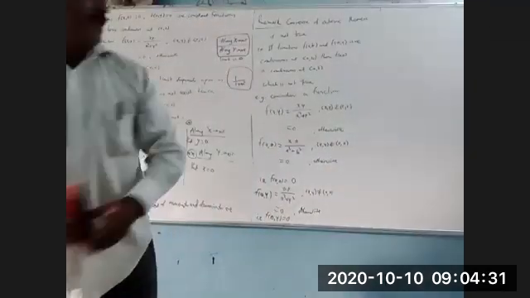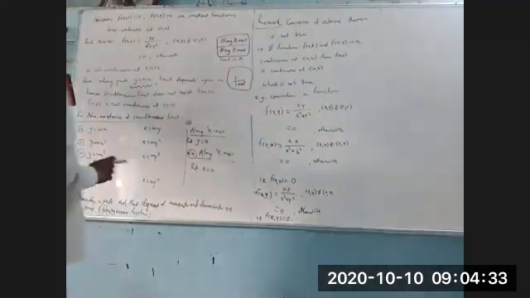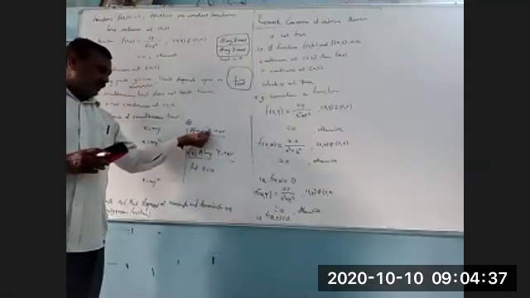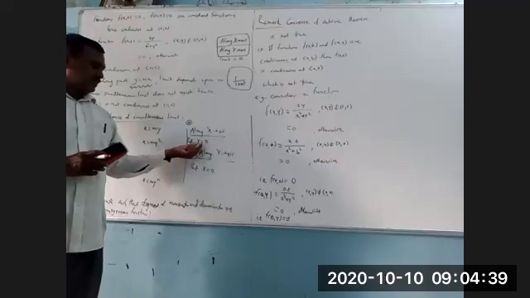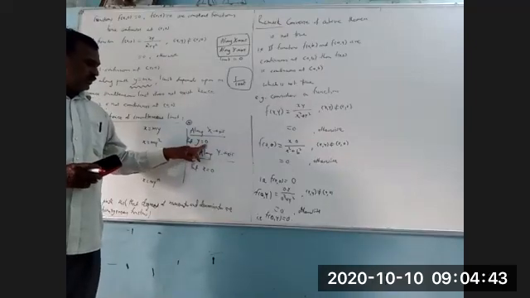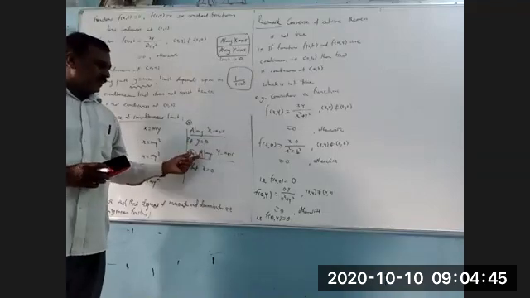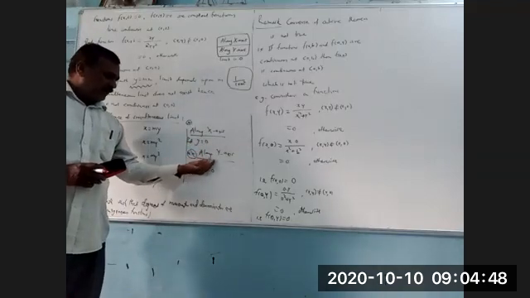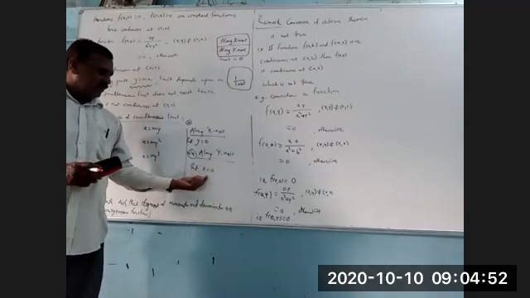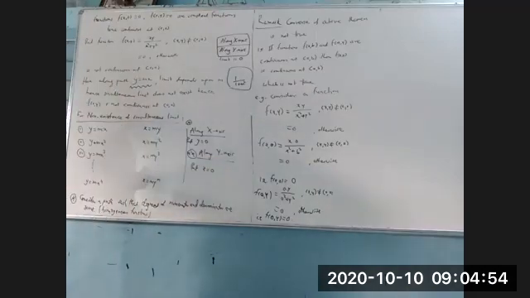Now let's see non-existence of simultaneous limit. First of all, we have to take the path along the x-axis, that is keeping y equal to 0, and obtain the limit, and try for the path along the y-axis, where we keep x equal to 0.